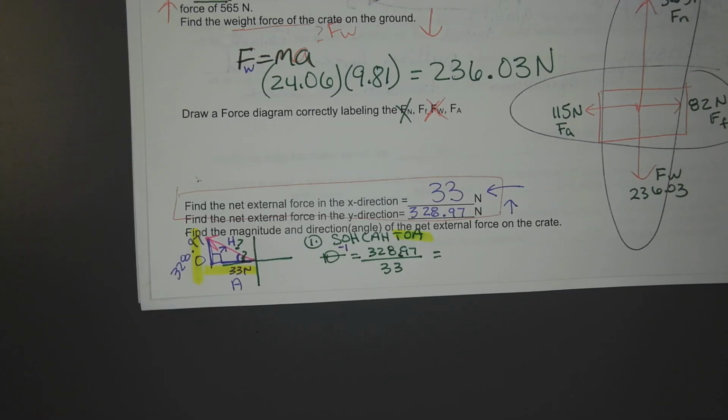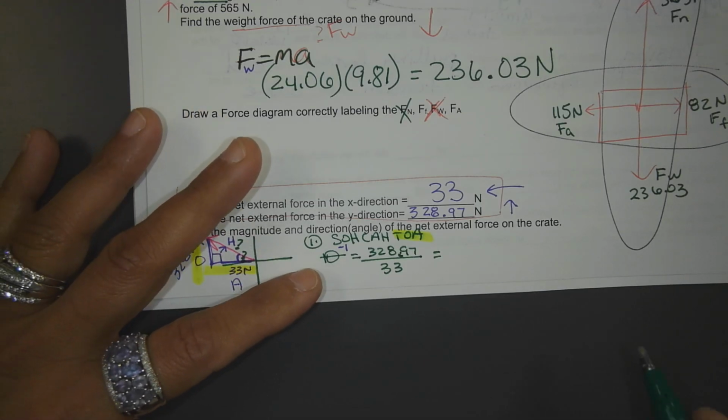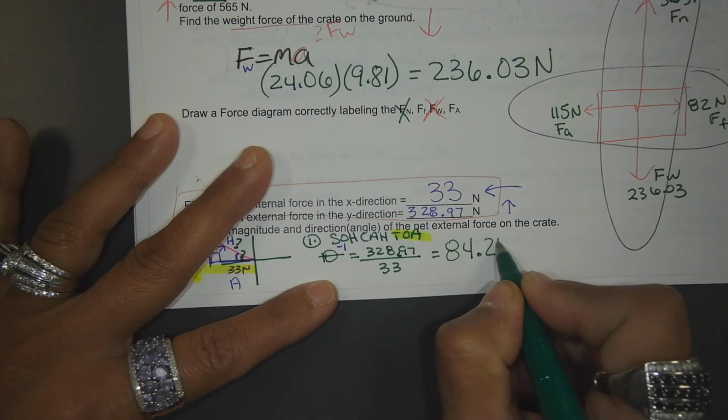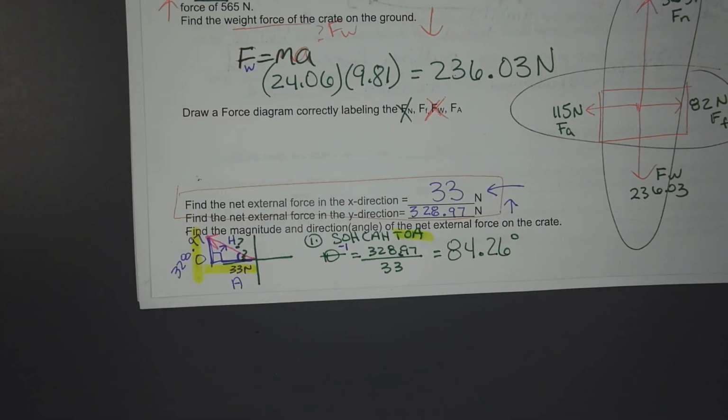So this is the inverse tan of my theta. Please double check me, but when I did this earlier this week, I got 84.26 degrees. So hopefully that's what you just got right now. Again, tell me if I'm way off, but that's what we got earlier this week.